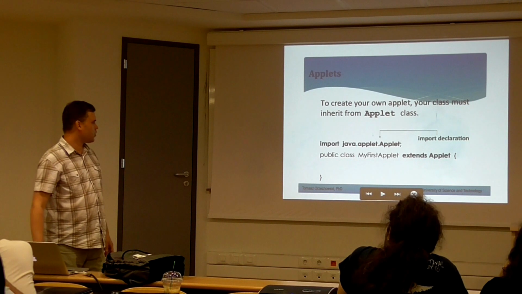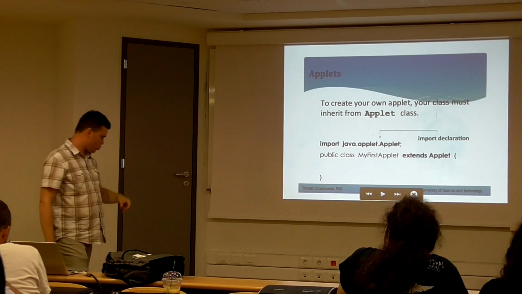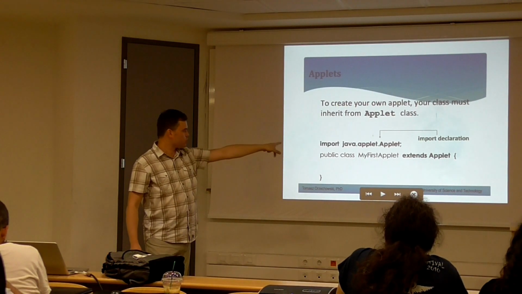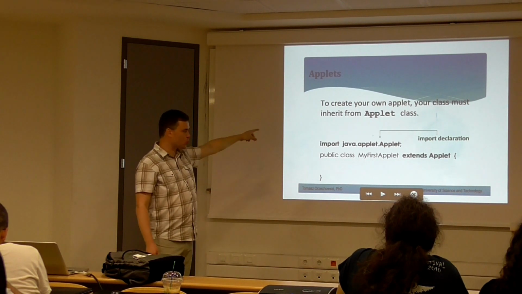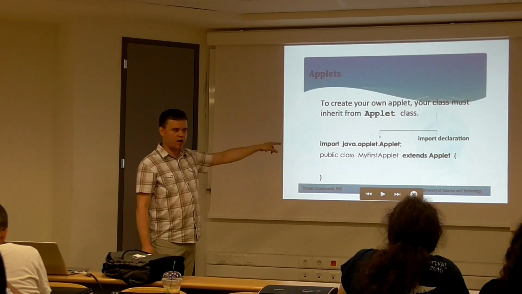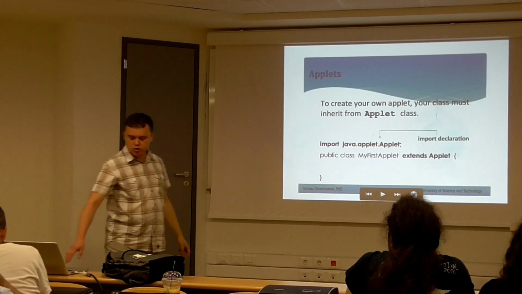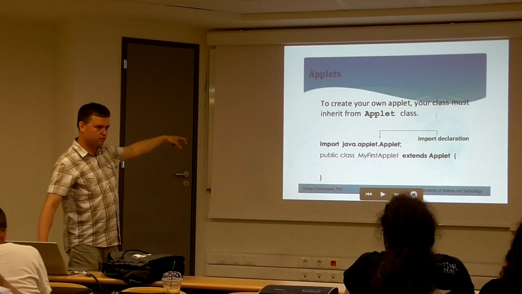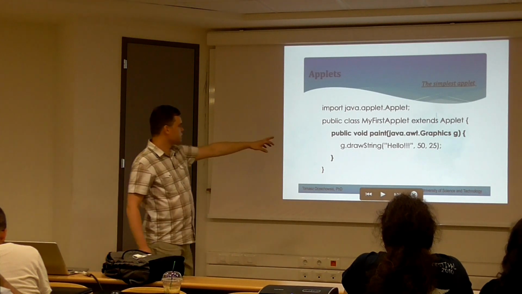What is the meaning of the import? The meaning is to show what the short name, in this case Applet, means. So Applet now means the class that is stored in this structure, java.applet. You don't need to use it in that way. You can do this like here.